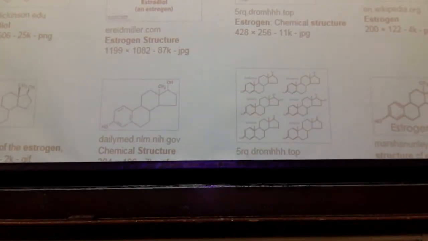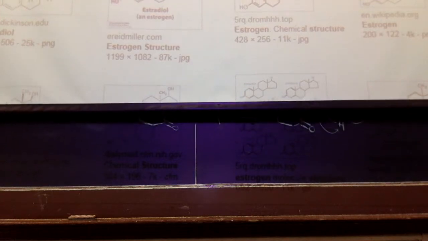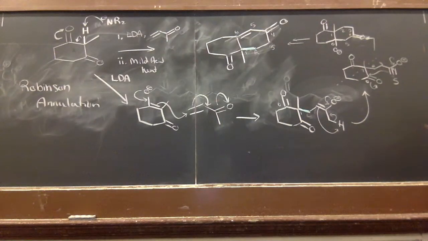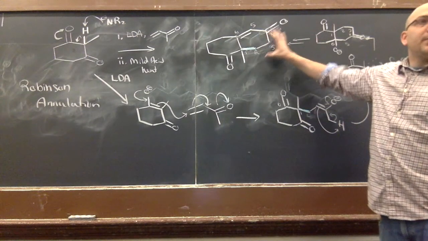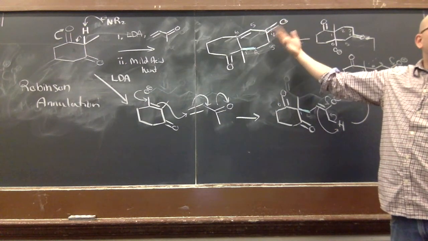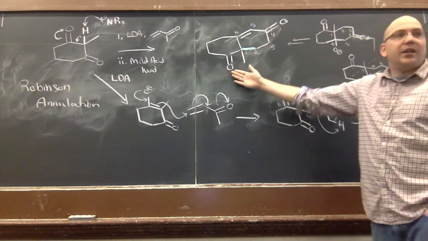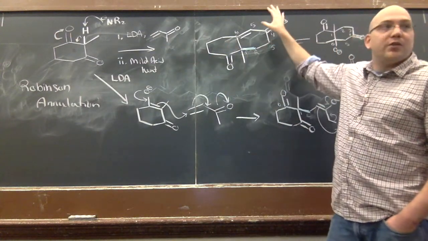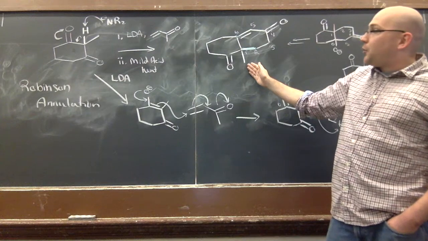So the Robinson annulation was really important, and specifically the one that I've shown here was really important because this scaffold could serve as a building block for a lot of those molecules that we described. So we've got functionality here which we could use to modify. We've got functionality here that you could use to modify. You could bring in a methyl group here.